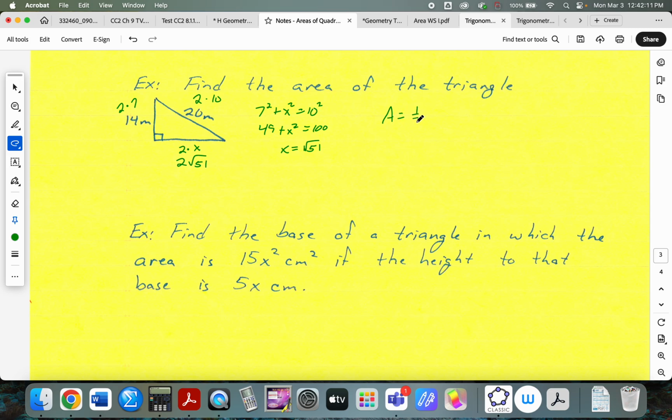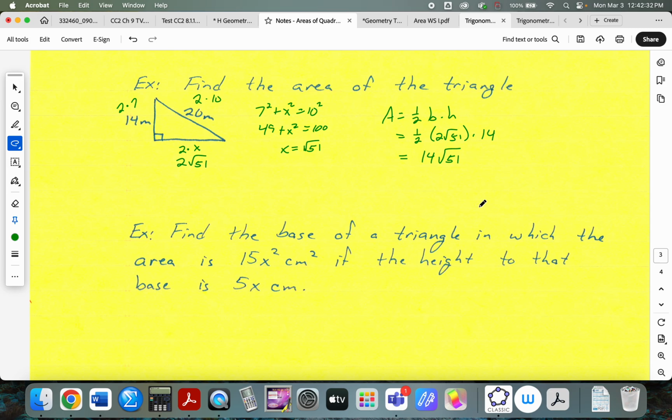So the area, 1/2 base times height. So it'll be 1/2 of 2 square roots of 51 times 14. If I just multiply, 1/2 times 2 is 1, times 14 is 14.